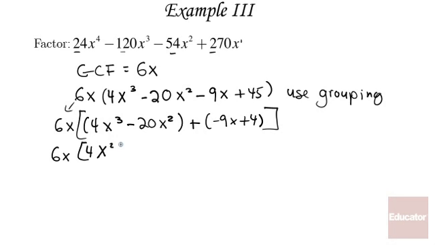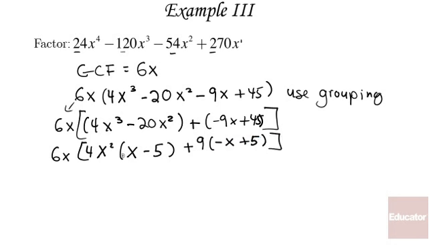So pulling that out is going to give me x minus 5. So I'm left with x minus 5. This second set of terms over here, that should be 45, has a common factor of 9. So I pull the 9 out, and that's going to give me negative x plus 5.